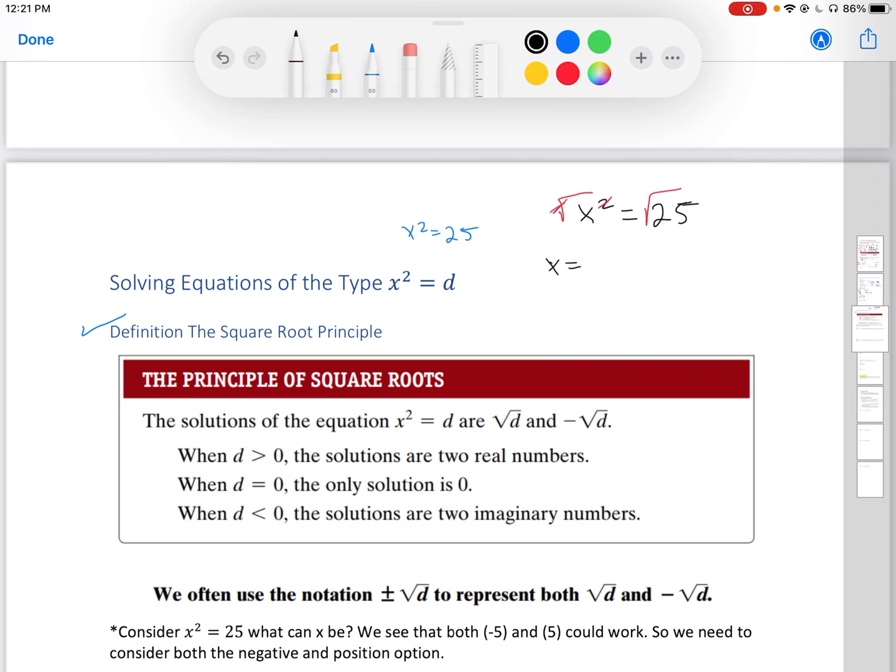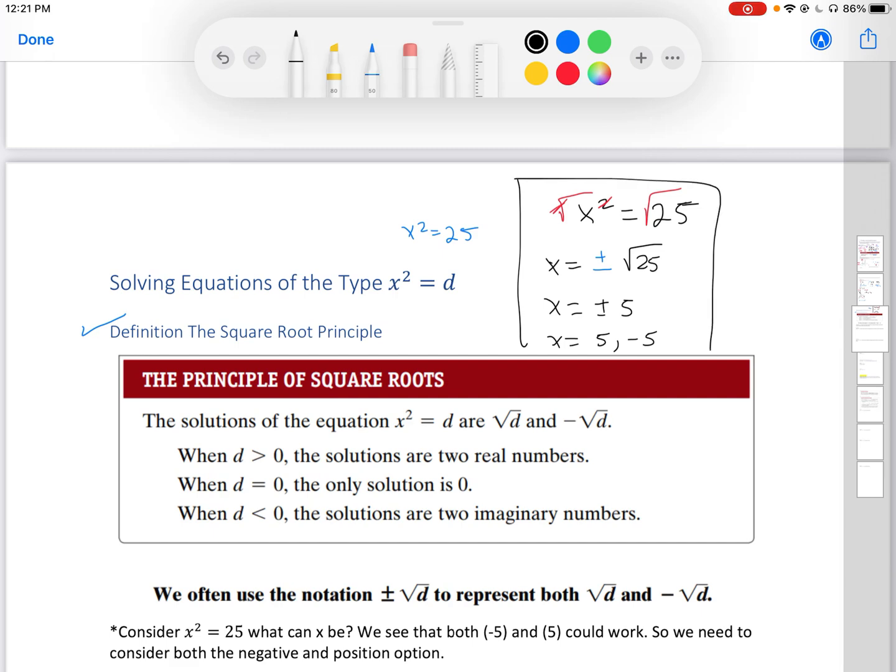And we're left with x is equal to, when we do this, we need to write plus or minus the square root of 25. You can punch that into a calculator, but actually this one's a perfect square, so you might catch that it's just 5. So our answer is two answers, positive 5 and negative 5.